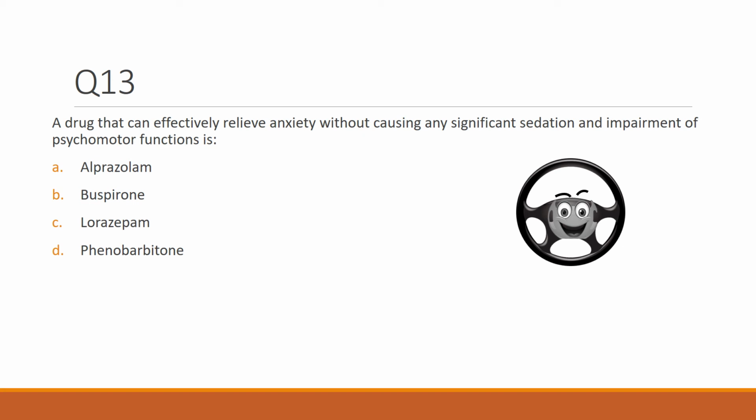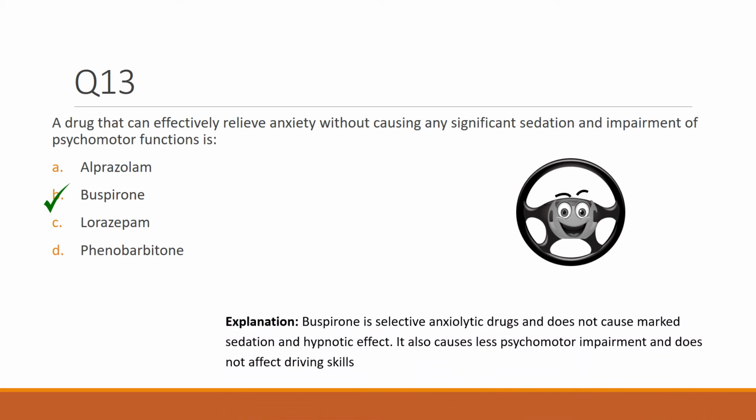And the correct choice is buspirone, because buspirone is a selective anxiolytic drug and does not cause marked sedation and hypnotic effect. It also causes less psychomotor impairment and does not affect driving skills.